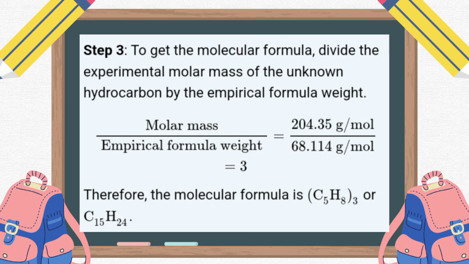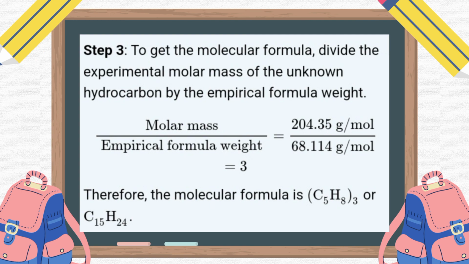So now guys that now you know how to find the empirical formula and the molecular formula if you're given the grams of all the elements in the compound. So again, our molecular formula is C15H24 because ato man gi-multiply siya by 3.